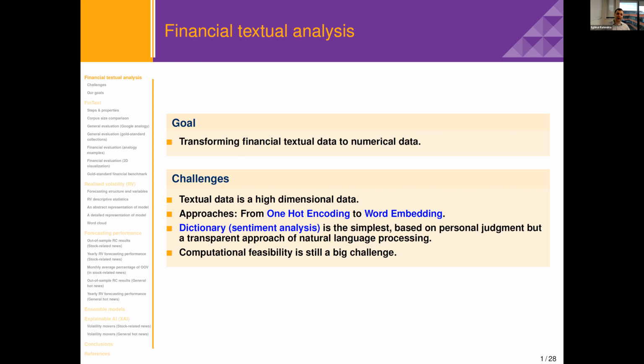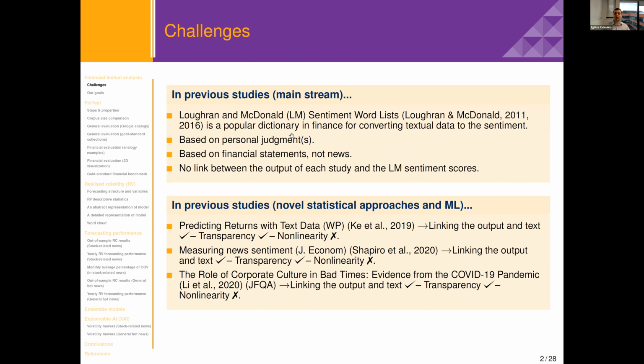But in finance, most of the research is focusing on dictionary-based, and most specifically, McDonald dictionary. So McDonald dictionary is just classifying the tokens or words to negative sentiment, positive sentiment, and other sentiments. And the most important feature of this dictionary, and all dictionaries in general, is that it is based on personal judgment.